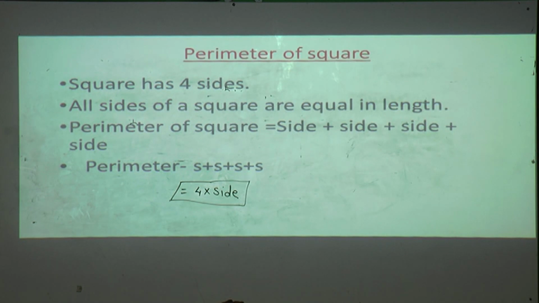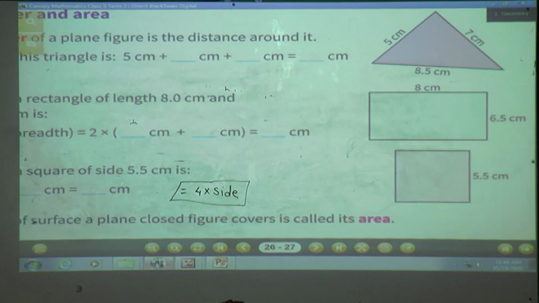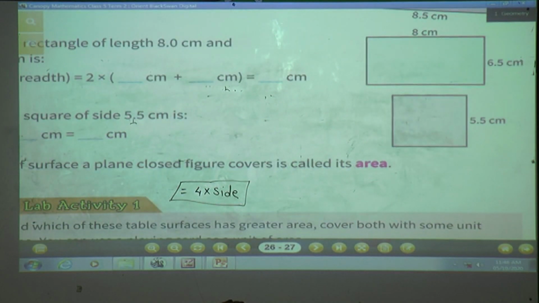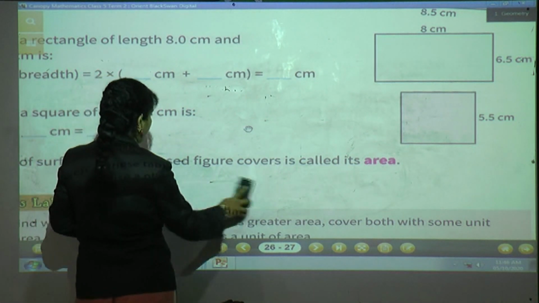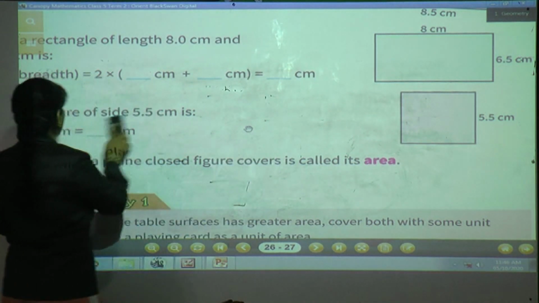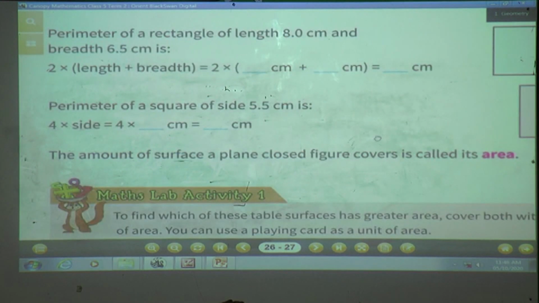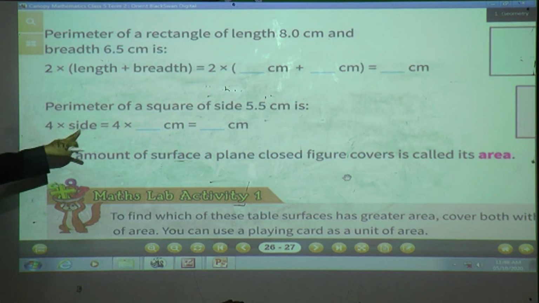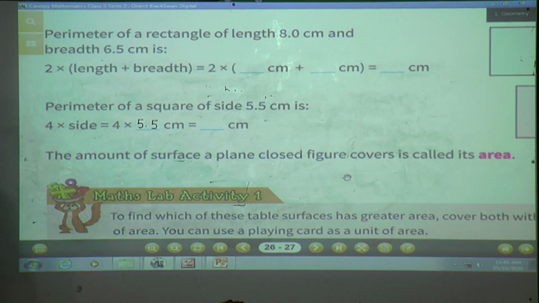So we will solve the next example from the textbook. Perimeter of a square. Here they have given us the side, 5.5 centimeter. Just put the value here: 4 into side, that means 4 into 5.5 centimeter.